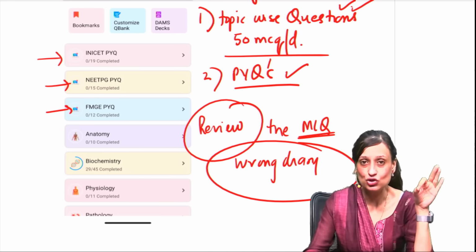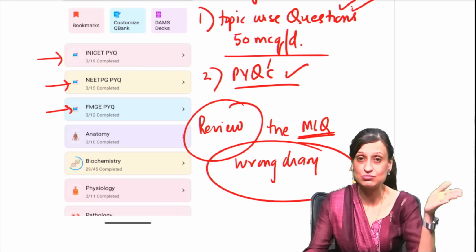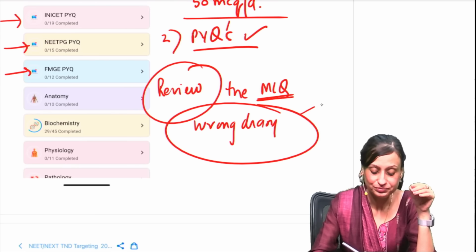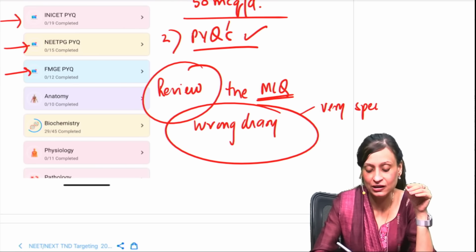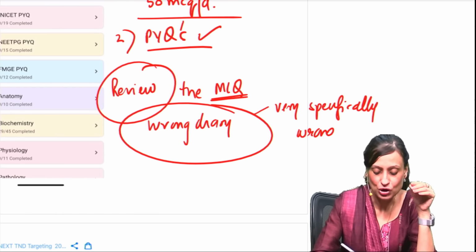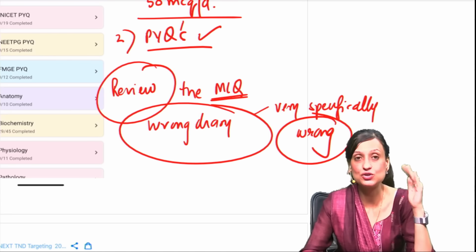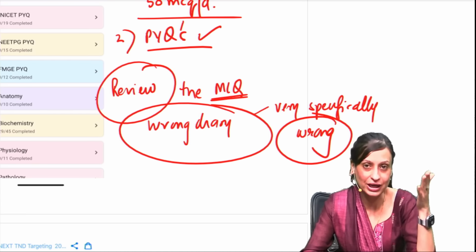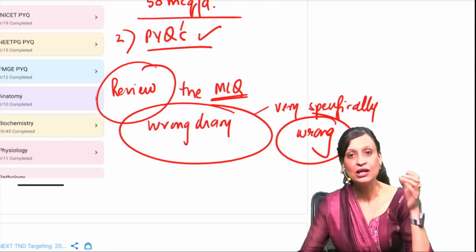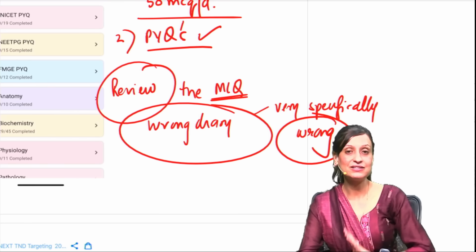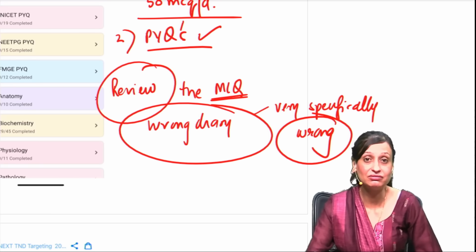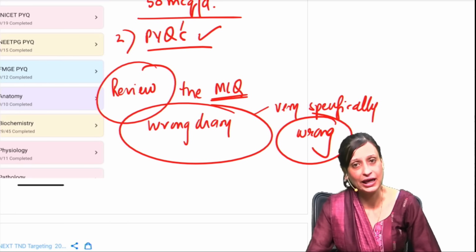In this wrong diary, I don't want you to write the MCQ and its answer. What I want you to write is very specifically what topic you did wrong, so that you know that today I have done anti-grade reading and some MCQs, but it is important to go back to the topics that you have done wrong and read them again.